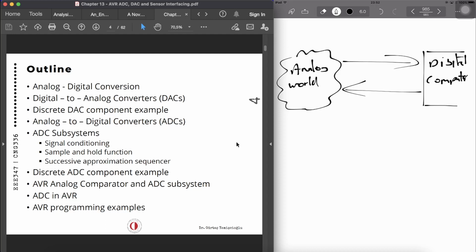We have to somehow interface directly with the real world. And why do we need to do that? We need to measure the temperature, we need to measure the speed, the pressure, the wind, the voltage, the current. Okay, we have to measure these in order to process these data, or in order to control a process.